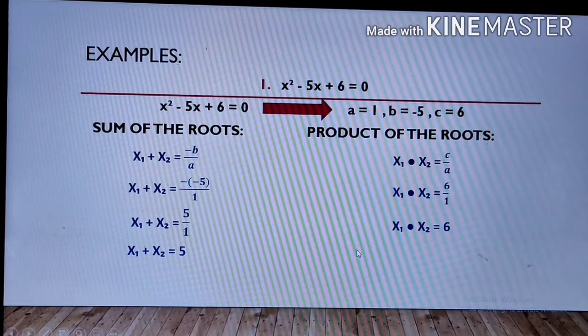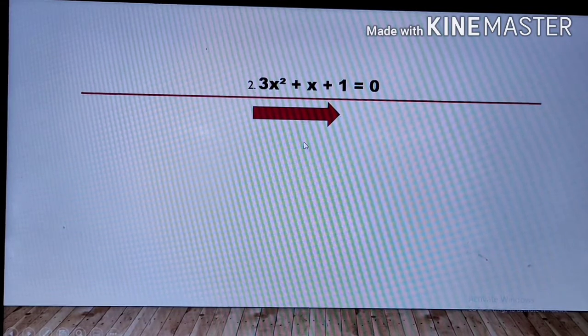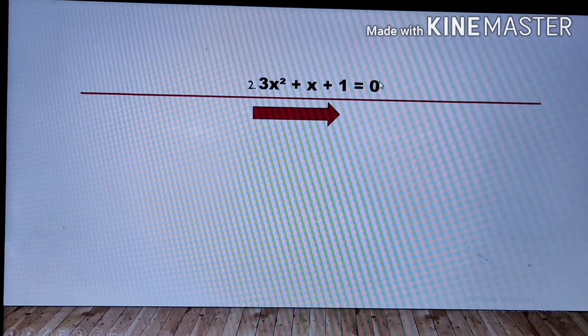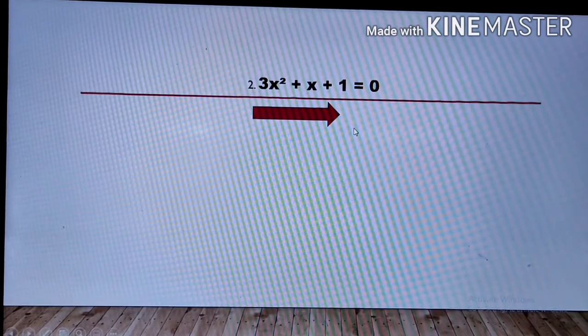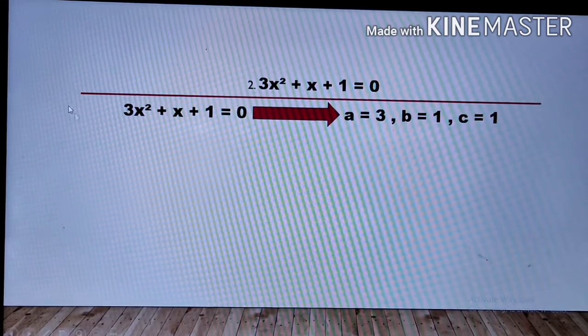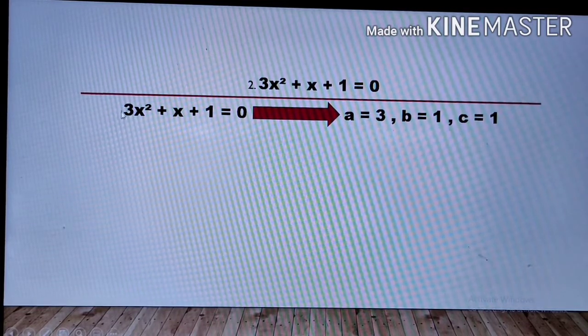So, yan. Another example. Example number 2. 3x squared plus x plus 1 is equal to 0. Since nasa standard form na siya, hindi na natin siya i-transform pa to standard form. So, next natin gagawin, find the values of a, b, and c. Our a is the first term, the coefficient of the first term is 3.